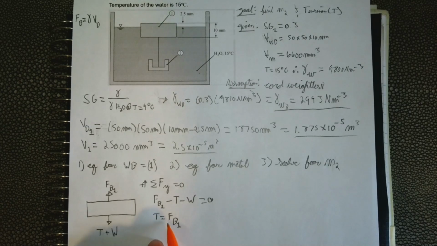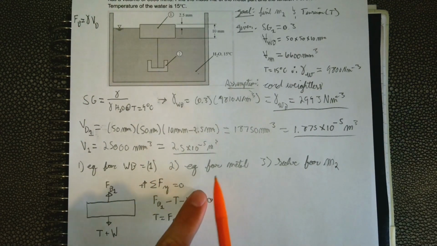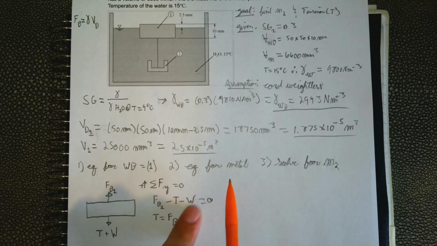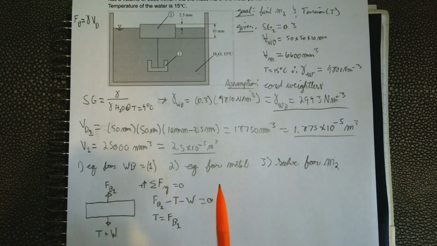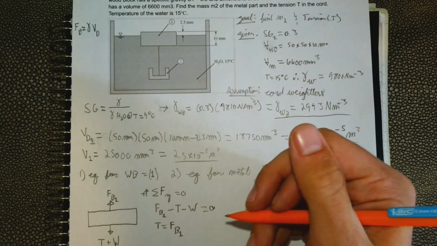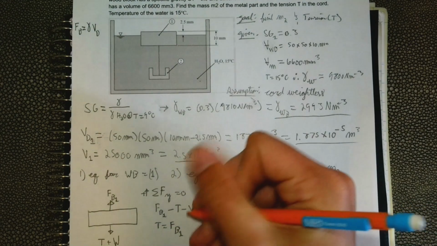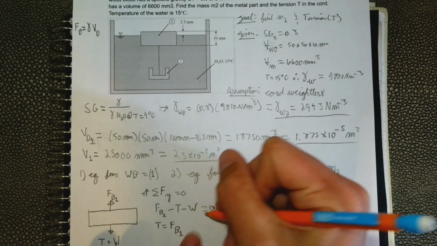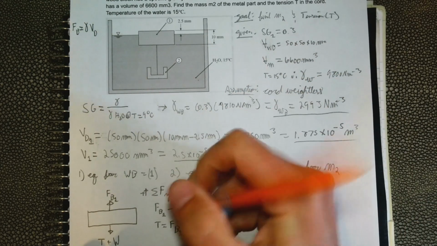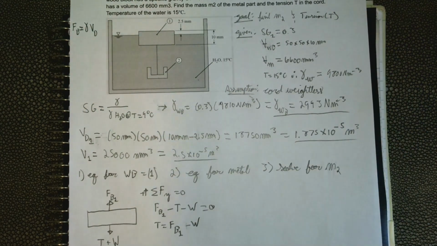Once we can solve for tension, we can plug this tension value into the equation for the metal block that we will solve for later, and then we'll be able to solve for mass 2. What am I missing? The buoyancy force, or no, the weight. It's minus weight. Okay.